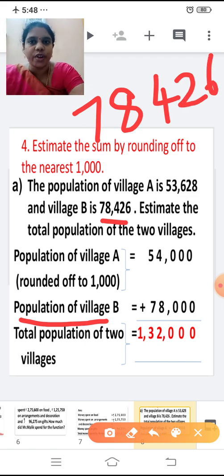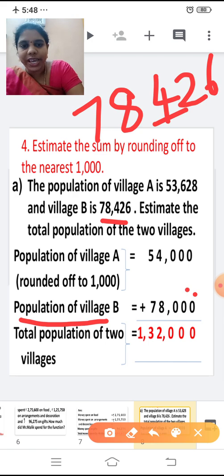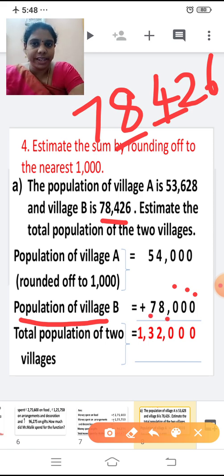This we are going to round off to the nearest 1,000. So just see the hundreds place. If it is 4 or less than 4, what we have to do? Put 0 in the ones, tens and hundreds place, and the thousands place remains the same. So write 8 as it is and 7. So 78,426 is rounded off to 78,000.